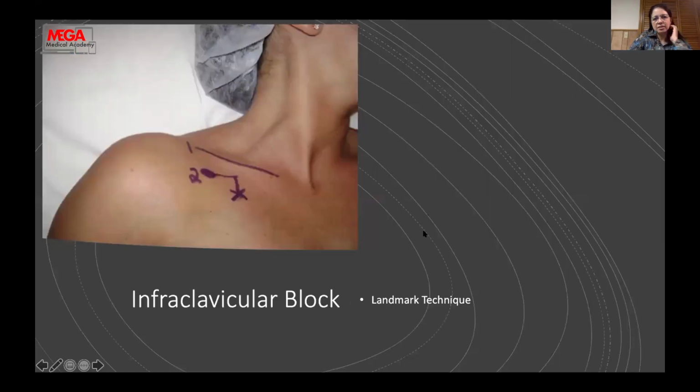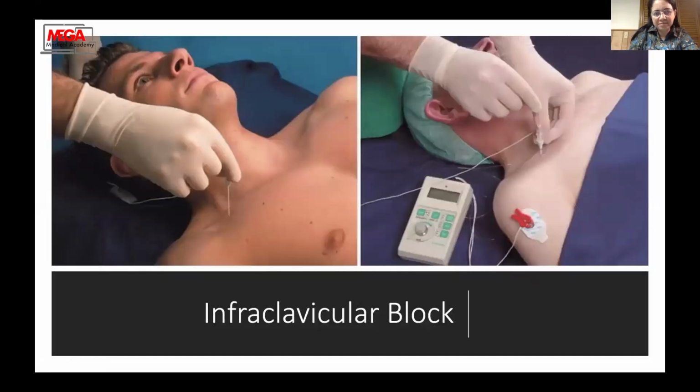So another technique is the infraclavicular technique, which we do in the area of the landmark. We used to find the coracoid process and go 2 centimeters down and 2 centimeters medial, and this is going to be the landmark. Now with the ultrasound, you can see everything inside, so we don't have to do this.